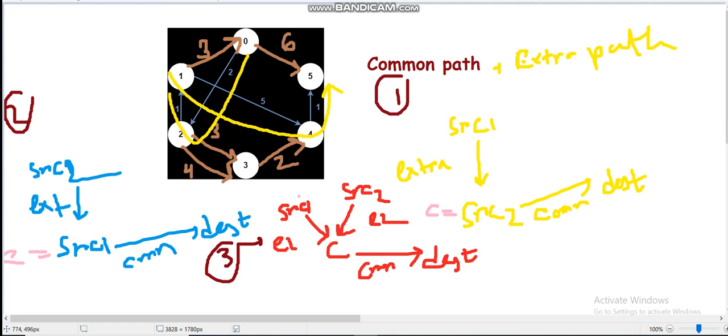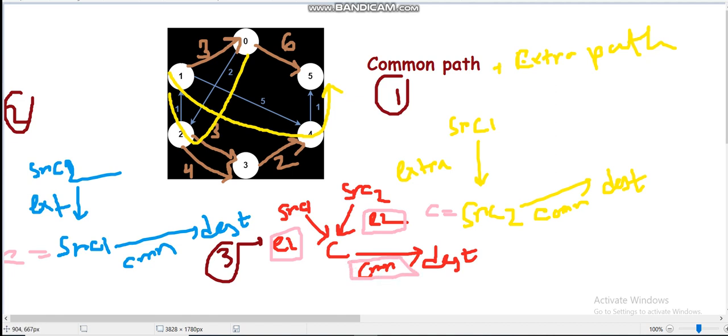So what we can figure out is that we have to go to some common vertex C from both source 1 and source 2, and then reach the destination from C. We take the smallest distance from source 1 to C, which is E1, the smallest distance from source 2 to C, which is E2, and the common distance from C to the destination.